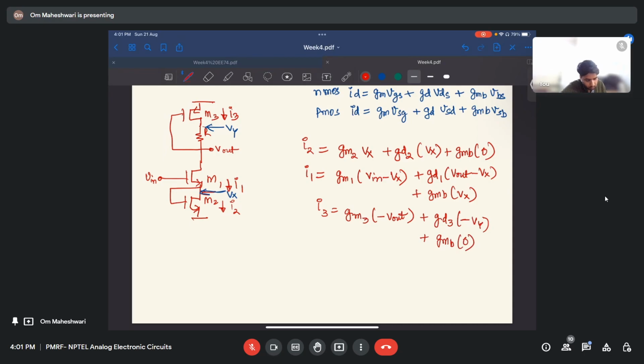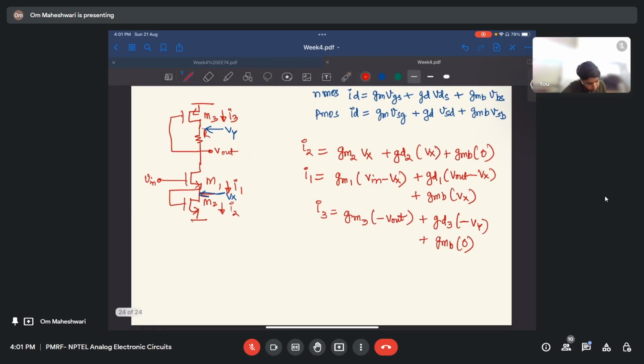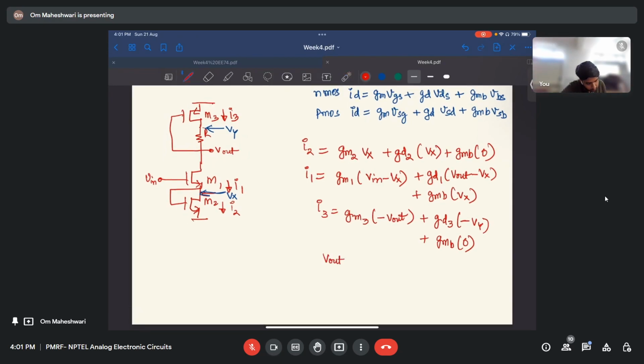Yeah. So now let us find a relation between R and this. So Vout equals Vy minus I3R. So now I can just substitute I3 from here and find the relationship between Vout and Vy.